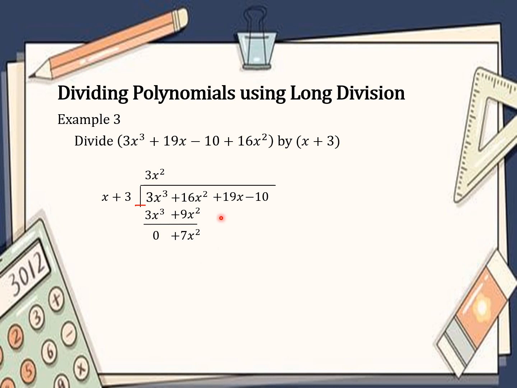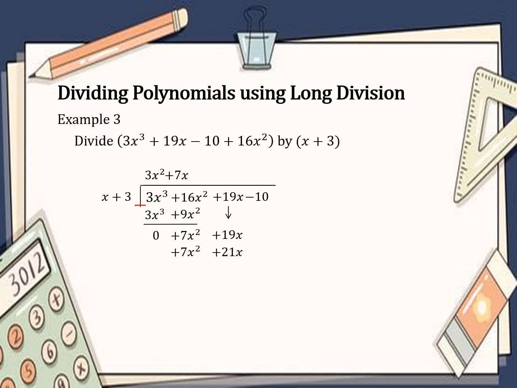So what's next? We will bring down 19x. So after you bring down, proceed to division again. So 7x squared divided by x is 7x. Then multiply 7x times x is 7x squared. Then 7x times 3 is positive 21x.